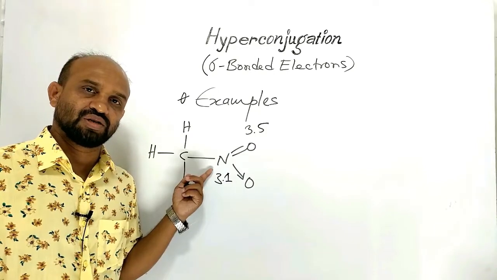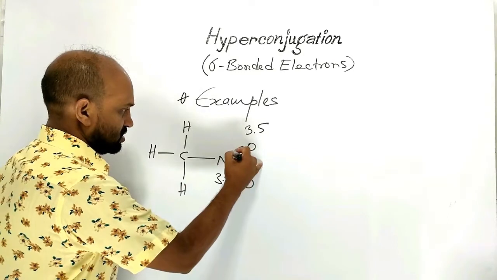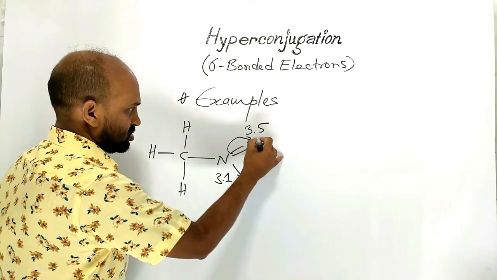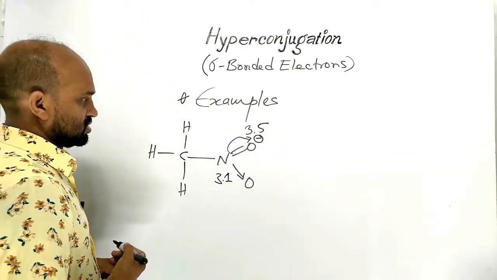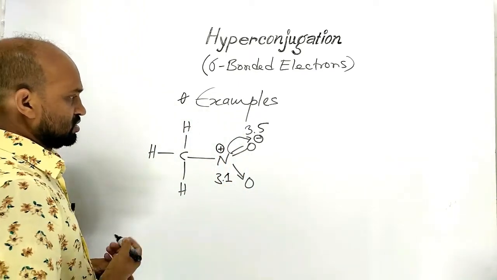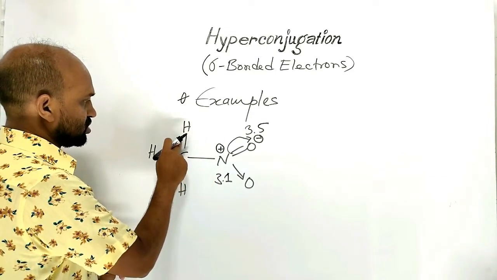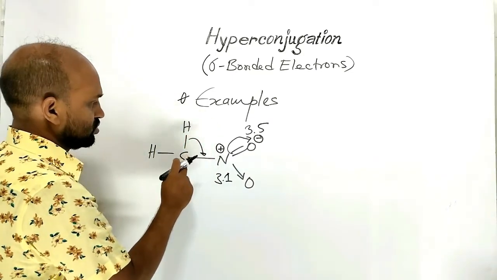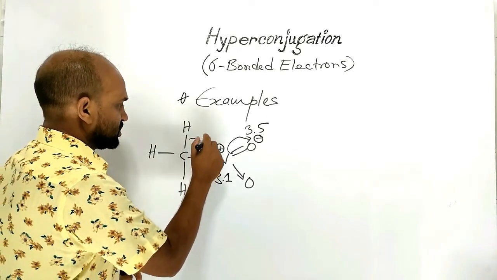Because of this difference, these pi bonded electrons move towards oxygen, and negative charge develops over oxygen. At the same time, positive charge develops over nitrogen. Because of this positive charge, sigma bonded electrons of the carbon-hydrogen bond shift to the carbon-nitrogen bond.